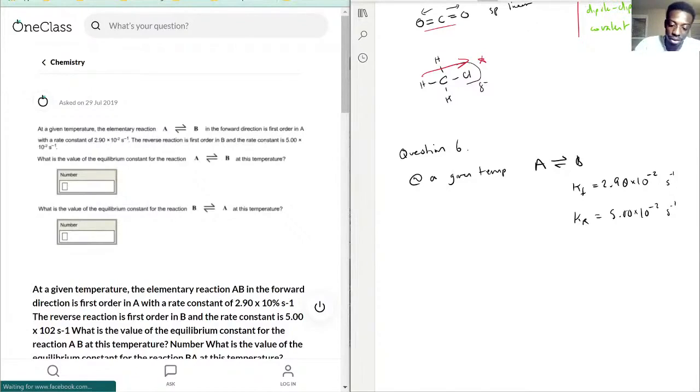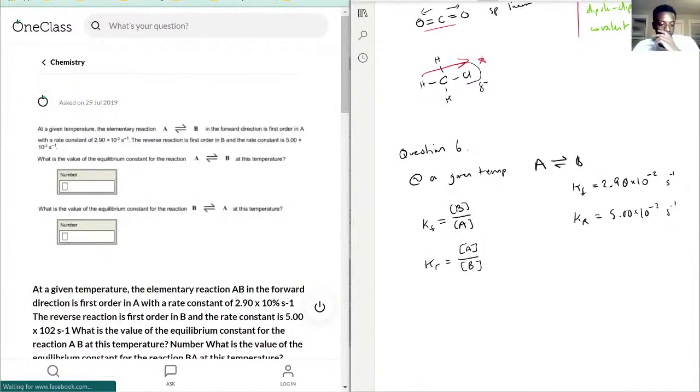So K forward is equal to products over reactants, and then KR, the reverse, is equal to reactants over products.